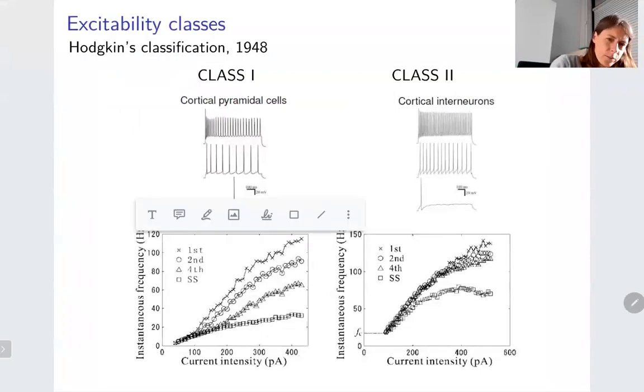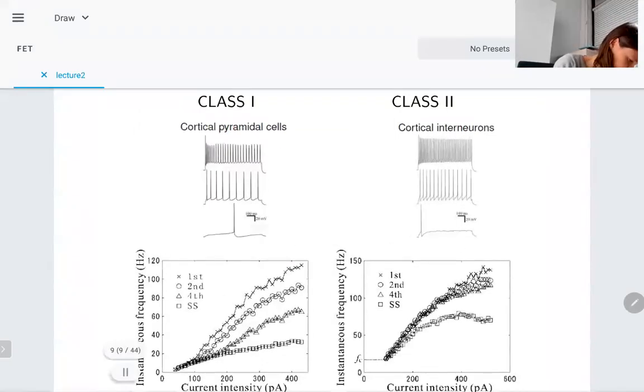But then when he was increasing the strength of the applied current, the neuron started to show oscillations. And when the membranes he was recording started to show oscillations, they did it at a very low frequency.